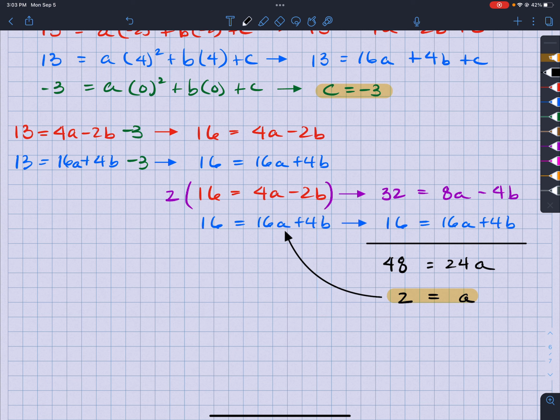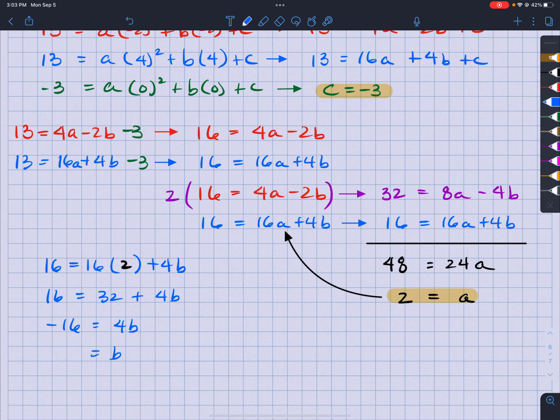Okay, so then I got 16 is equal to 16 times 2 plus 4b. Then I got 16 is equal to 32 plus 4b. So negative 16 is equal to 4b. So b must equal negative 4.